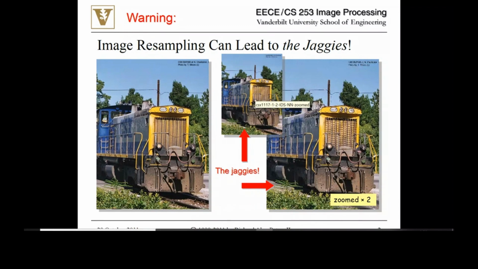We do a downsampling by factor 2, so n is equal to 2 in this example. And if we don't take care, then the spectra overlap, and then we have these jaggies in the grid in front of the train. These jaggies don't exist. The grid doesn't look like this, it looks like this. But because of the aliasing, we have this pattern.